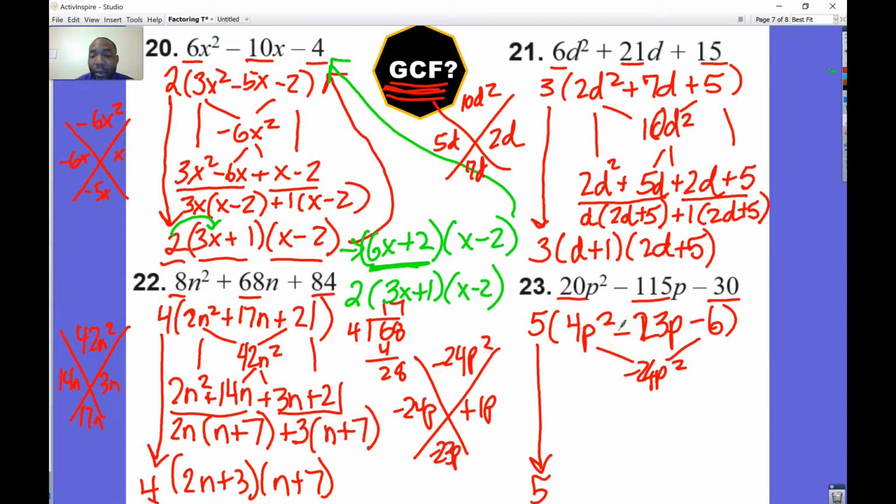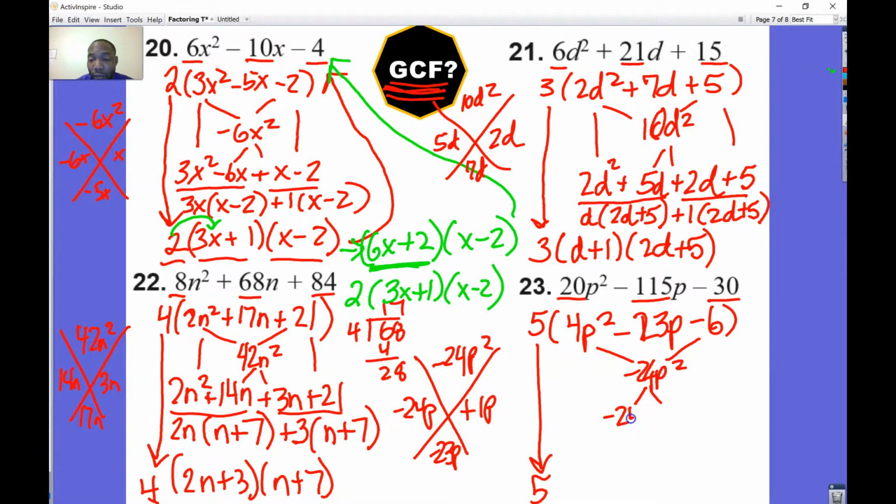That's the only mistake I saw people making. When this number was negative, people will keep forgetting that a negative times a positive is going to give you a negative. And then a negative plus a positive will make this number negative. That's the mistake I kept seeing people make, but a lot of people didn't make a mistake at all.